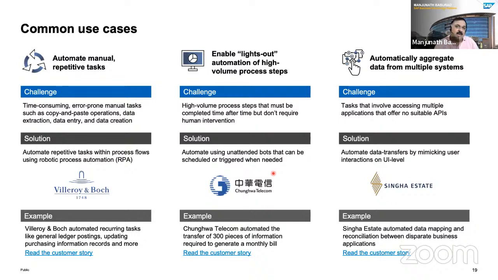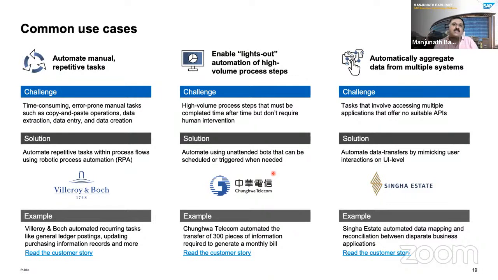Third one is what we call automating where there are no APIs, right? There might be certain systems that, due to legacy reasons or whatever reasons, might not actually expose APIs for you to consume within a process. Now, process automation, the RPA part of the puzzle, as you all already know, also has UI capabilities where it can mimic what an actual person is doing via a bot, right?